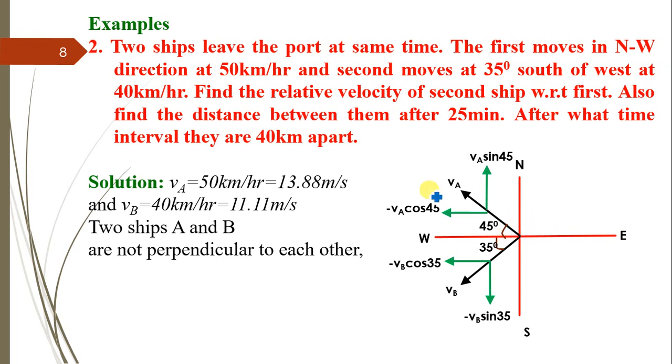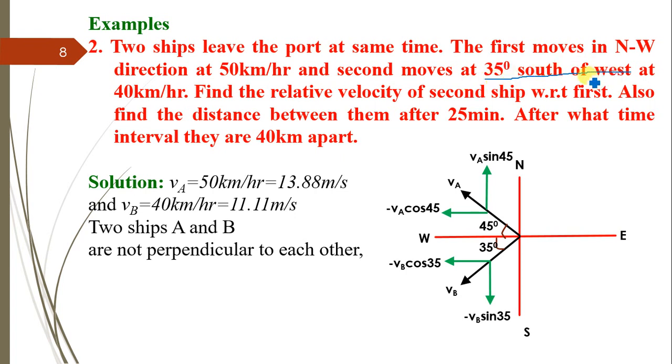Then the second ship will be moving at 35 degrees south of west. South of west means the angle is made with respect to the west direction, and it is given as 35 degrees. So always remember, whenever it is given as south of west, you should mark the angle with respect to west.